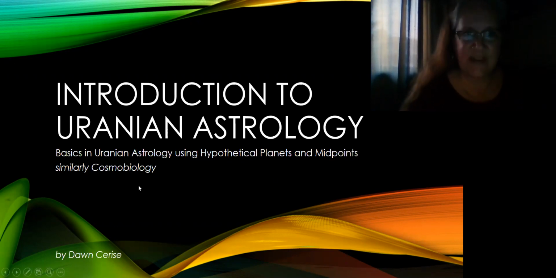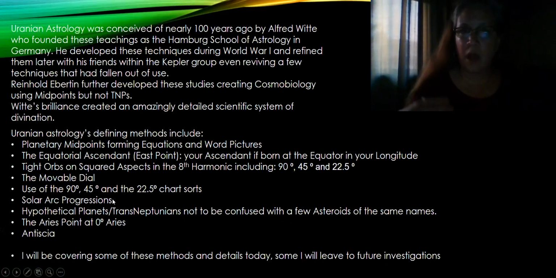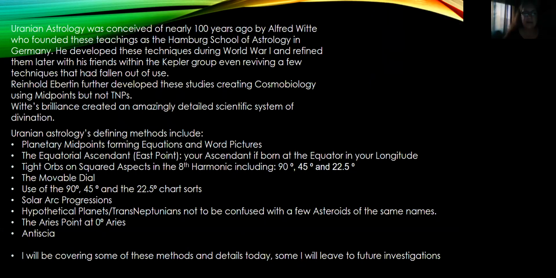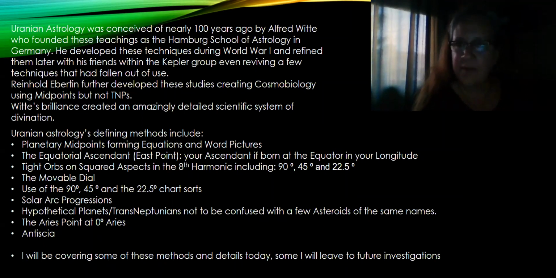So, like I was saying, I wanted to introduce Uranian astrology. You use hypothetical planets and the midpoints of what you're used to using, all of your standard luminaries and the rest of the planets, but also the Trans-Neptunians, which are hypothetical planets.